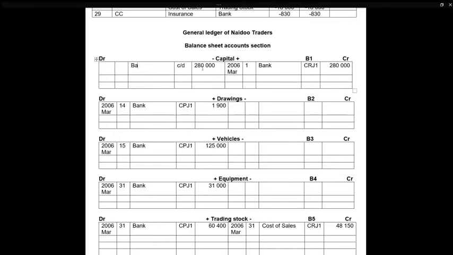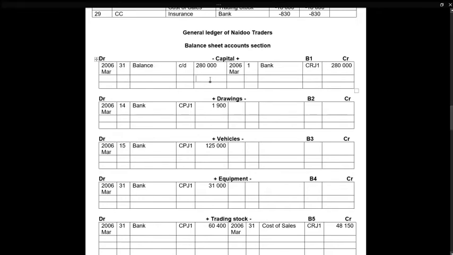Details will be balance. And I will always do this on the last day of the month to include all of the transactions that took place during the month. Right, so now I will total both sides. I will see that both sides will equal 280,000 Rand. Therefore, I've done it correctly.